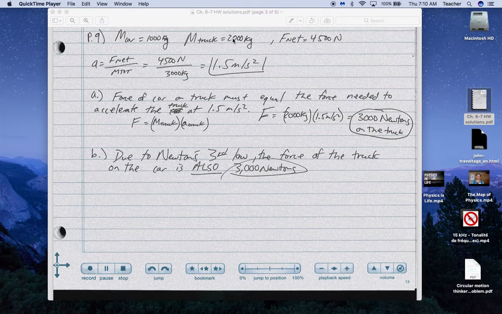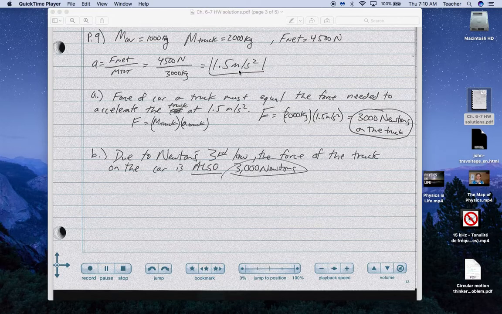So problem number 9, you got a truck or a car pushing a truck. You got the different masses, and you have the net force that the engine's acting on the ground. So that's the net force forward on the system. So I can get the acceleration here. Part B is finding the force of the car on the truck. So then I'm isolating just the truck.